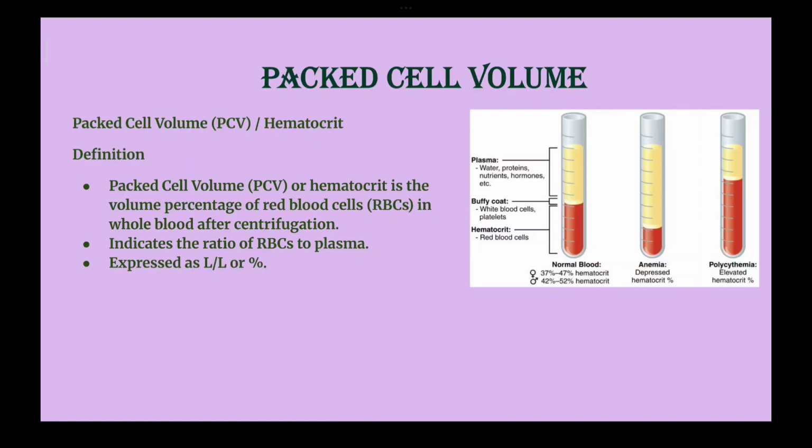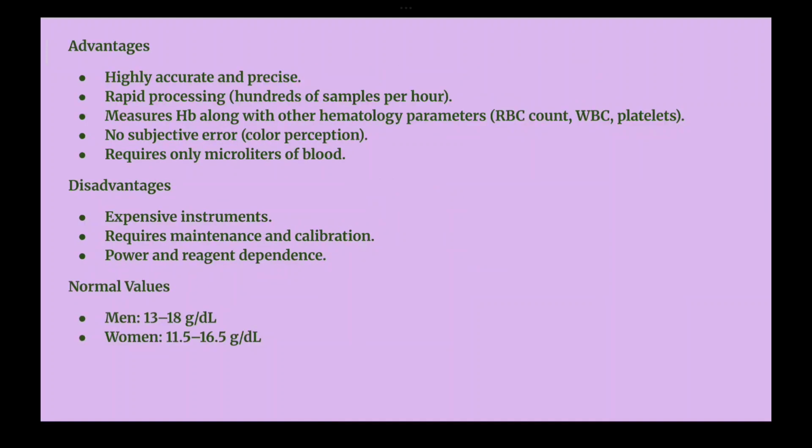So moving on, the next topic is packed cell volume, which will be dealt with in the next video. Till now we have learned about the different estimation methods of hemoglobin, the principles, the requirements of each method, and the procedure that is performed. As I told in this video, there are 4 methods: Sahli's method, the cyanmethemoglobin method, the oxyhemoglobin method, and finally the automated methods.